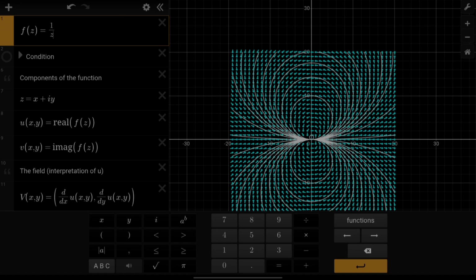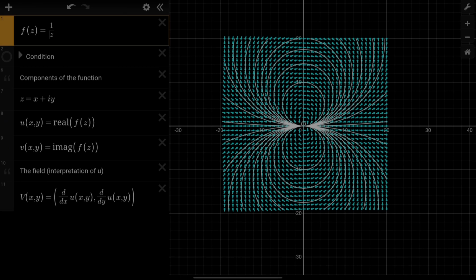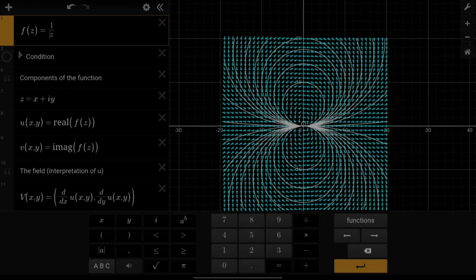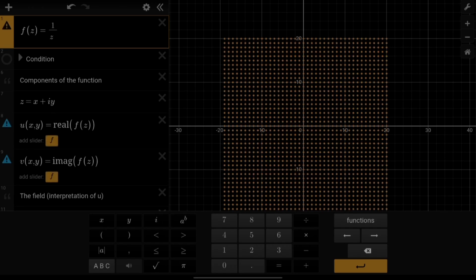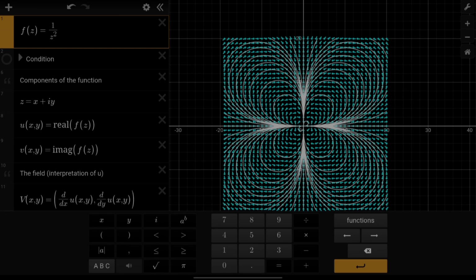We might look at the reciprocal of that. As you can see, it is also quite nice here, even though the colors do struggle to show, because near zero it will grow very quickly. And the same goes for 1 over z squared. It is very nice in my opinion.